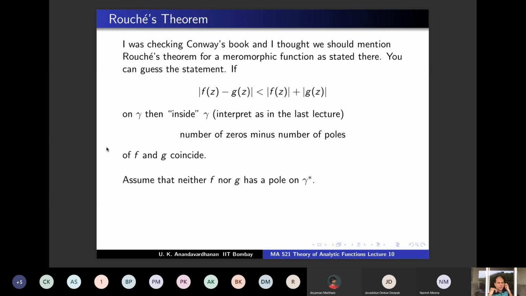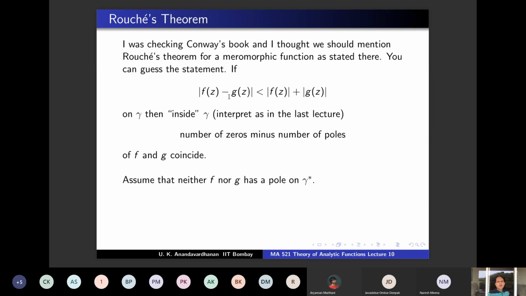Anyway, let's not bother too much, because we know that the condition has to be there, and it does follow from the inequality, certainly for a zero. For a zero it follows, because if both of them are zero, then you will get zero strictly less than zero, which is not allowed. If one of them is zero, then you will get mod f strictly less than mod f, which is not allowed.